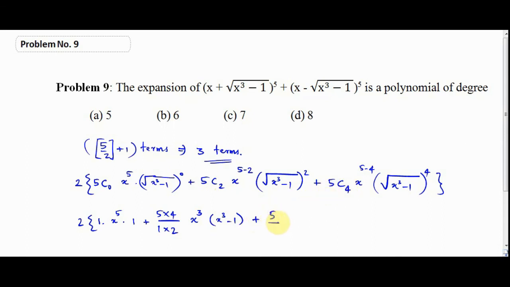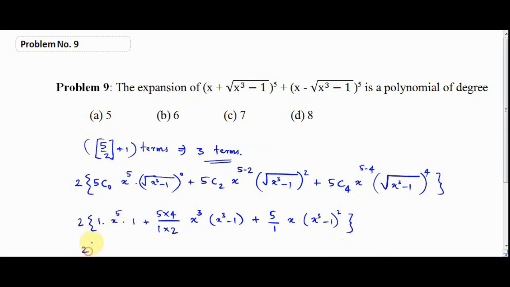Plus then we have 5C4. 5C4 value will be 5/1. Then x^(5−4), so that is x^1. Then that into (√(x³ − 1))^4, so that will give us (x³ − 1)^2. Okay. Now let's try to simplify this. Here we have x^5.